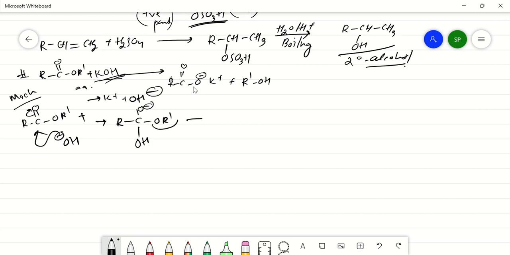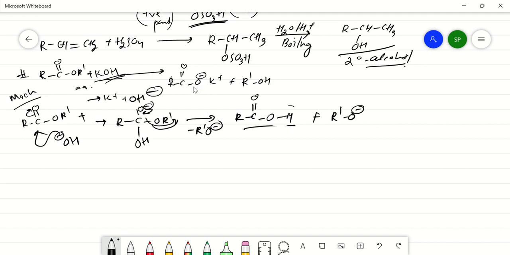As this is a good leaving group, this will be back, and this will be R'O minus, and this will be RCOOH. Okay, if we write this separately, RCOOH plus what is produced, R'O minus.